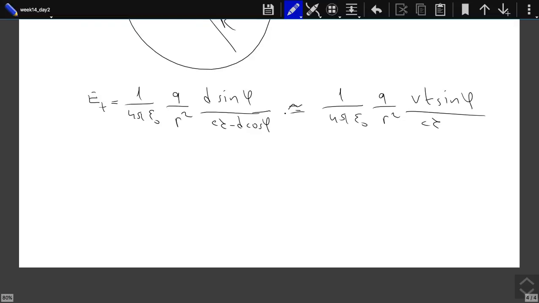So even if tau is small, c times tau would be large, much larger than this d. What is v over tau? You see, we had our object at rest, then it accelerates for a time tau, and after that time tau, its speed is v. So v over tau is the acceleration.